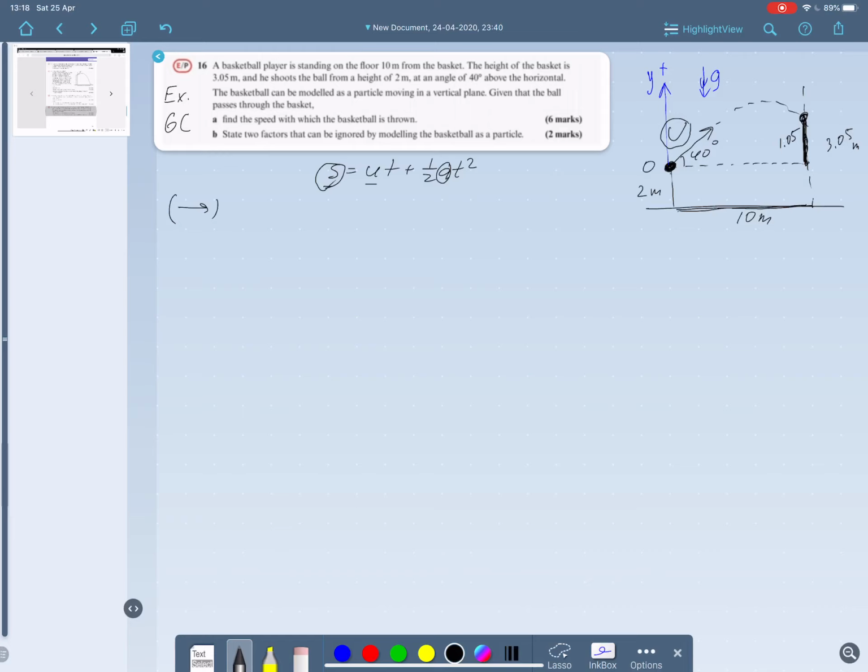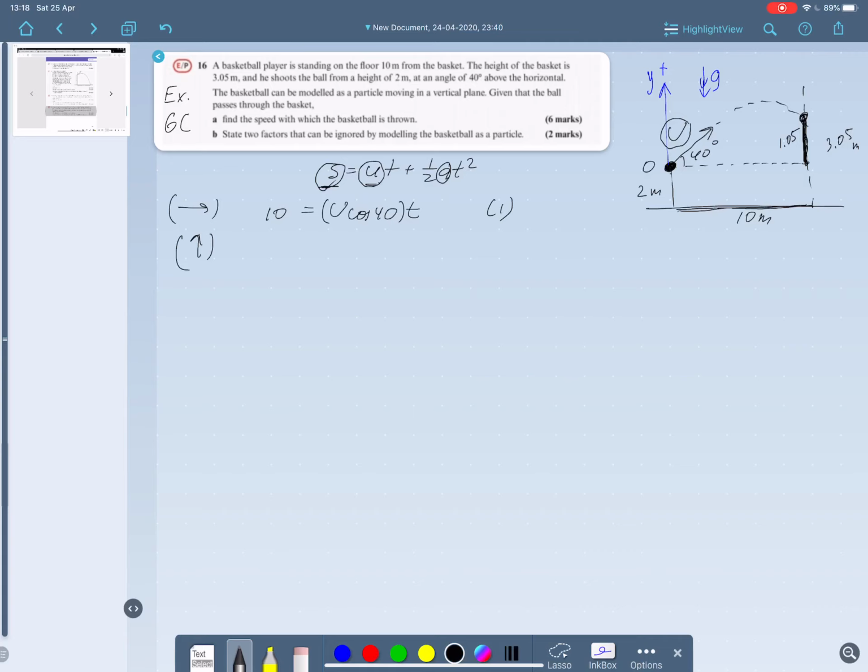Let's start horizontally. So what do we have in horizontal direction? The displacement is 10 meters. The initial velocity horizontally is u cos 40, and we multiply it by t, and that's it. So that's equation number 1. What do we have vertically?